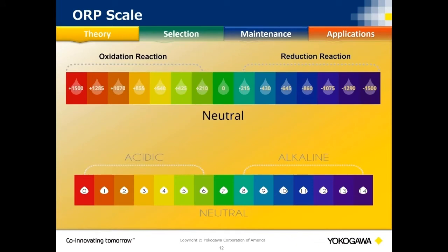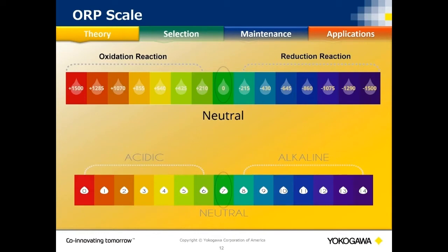The normal scale goes from positive 1500 to negative 1500, with 0 being the middle, 7 pH. Anything that is positive, that is what we call the oxidation reaction. That's when the element that's oxidized gives up its electrons, generating a positive millivolt. Anything below 0, negative, is the reduction reaction, and that's what gives off the negative.